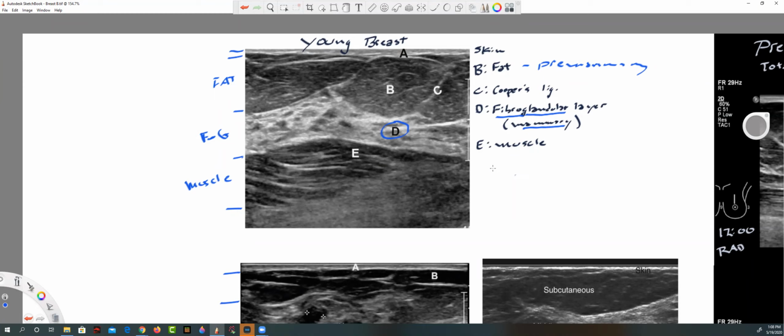What we're actually missing in this picture is the retromammary. I was thinking that's all muscle, but wait a minute, there's got to be another layer. It's very thin compared to the top layer of premammary.